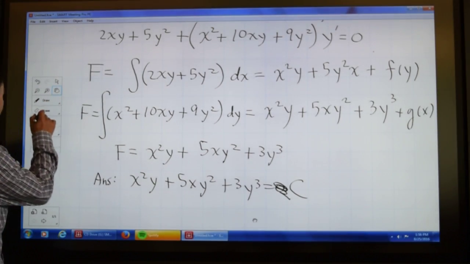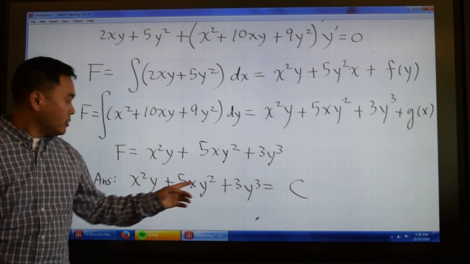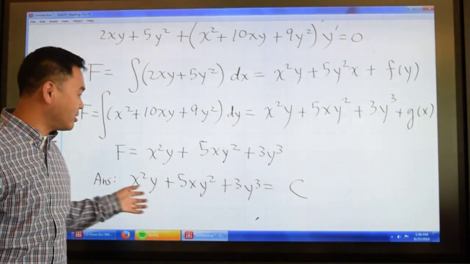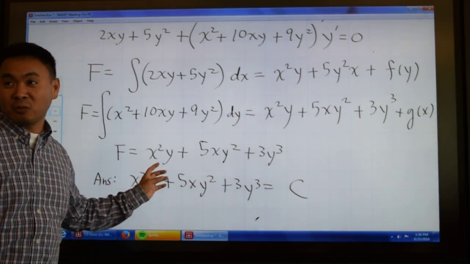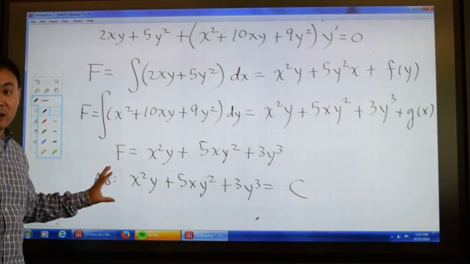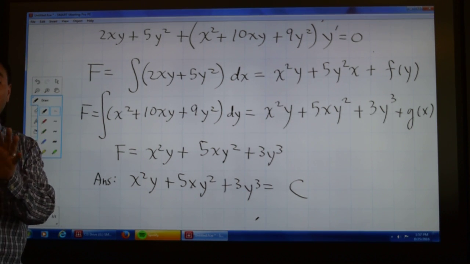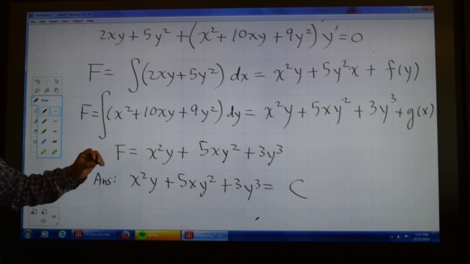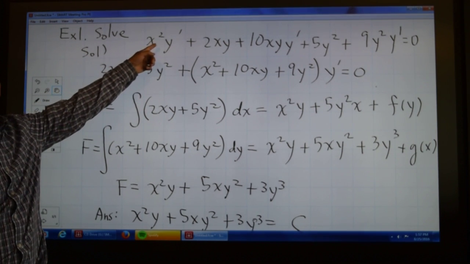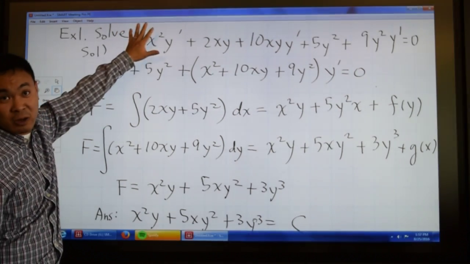Notice that it's not possible to solve for y. This is a cubic equation, so if you use Wolfram Alpha or something to find the solution in terms of y, it's just horrible. It's better to leave it like this. So when your differential equation is exact, I still haven't told you how to identify whether an equation is exact or not. Somehow, because we know that this originated from an implicit differentiation, we know that it's exact. But suppose that you know you have an exact differential equation.